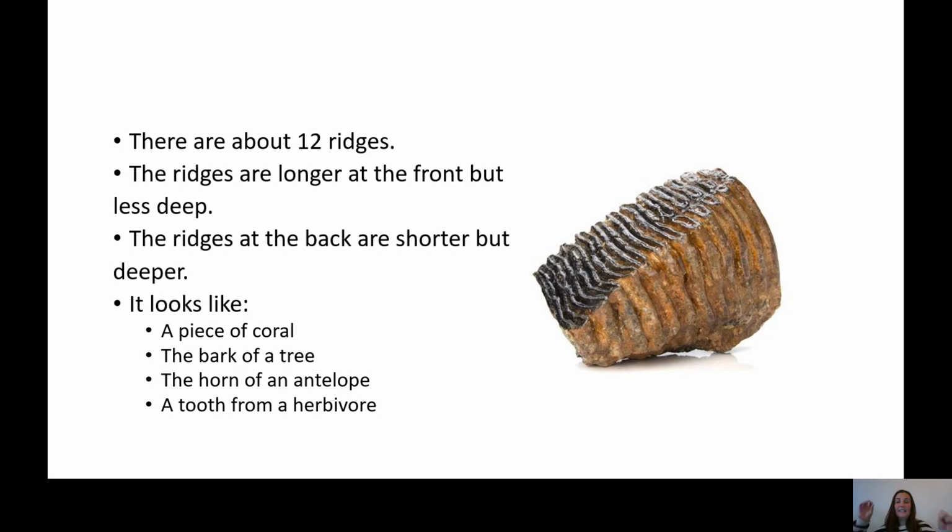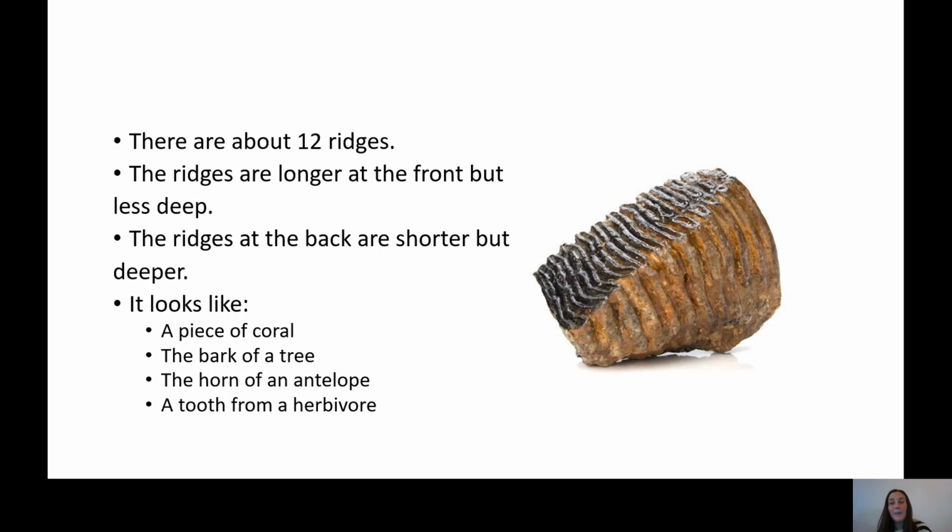But the antlers. I was thinking if there were ridges on those antlers, and that got imprinted into a fossil, maybe. And then I was thinking it could also be a tooth from a herbivore. And I will explain more why I might think some of these things.